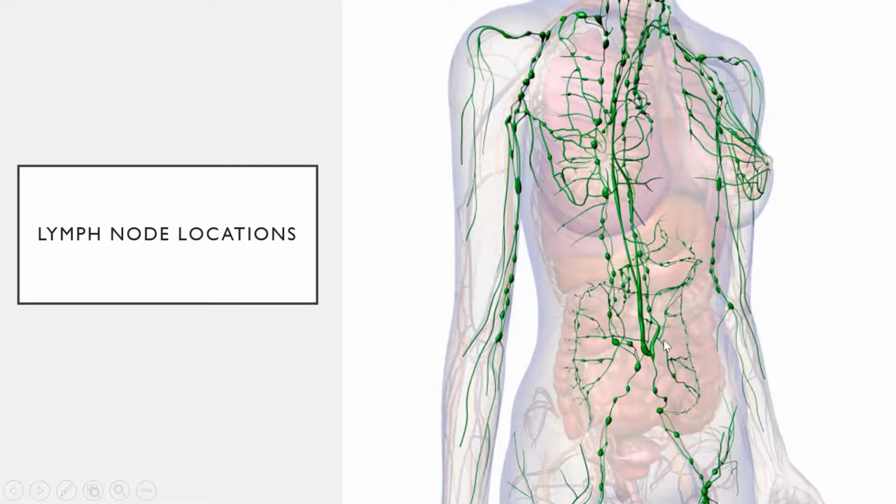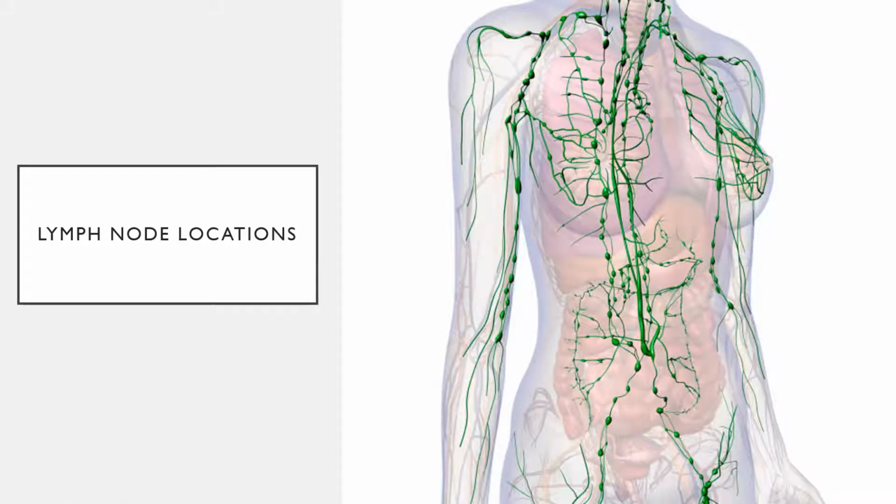We can see them near the intestine, so we call them intestinal lymph nodes. We have many lymph nodes associated with the breast, so we call them mammary lymph nodes. You have them in your armpit, which we call axillary lymph nodes, and also in the cervical region, which we call cervical lymph nodes.